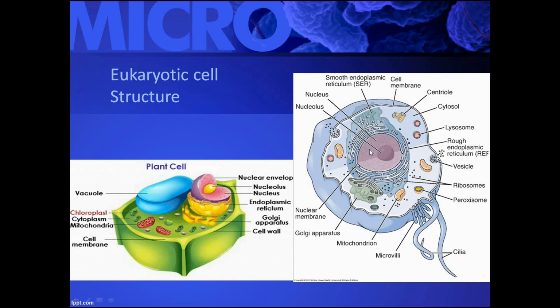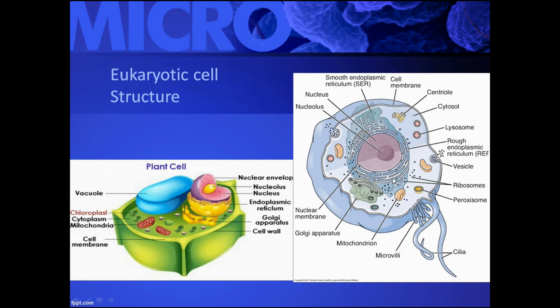Going outside the nucleus into the cytoplasm. The cytoplasm is the gelatinous material that fills the cell. Cytoplasm has two major components: the cytosol, which is the semi-fluid part of the cytoplasm, and then we find the organelles.